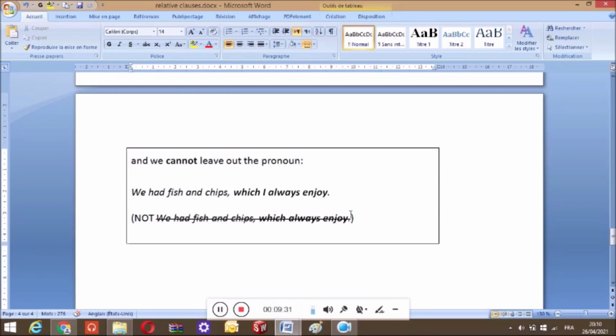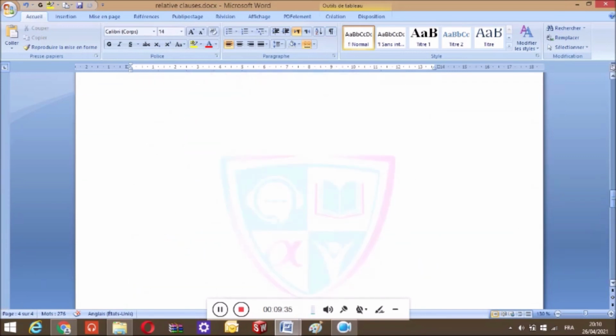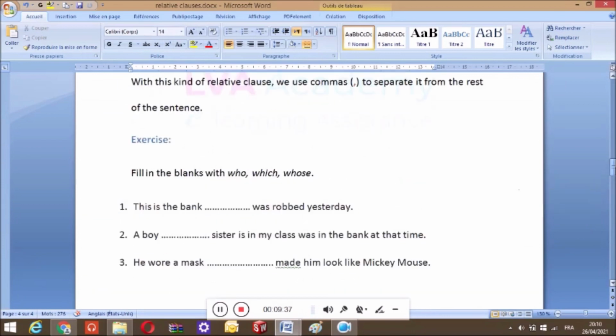Now we will try to apply what we have seen in a small exercise. The exercise says, fill in the blanks with who, which, or whose. Number 1, this is the bank blank was robbed yesterday.